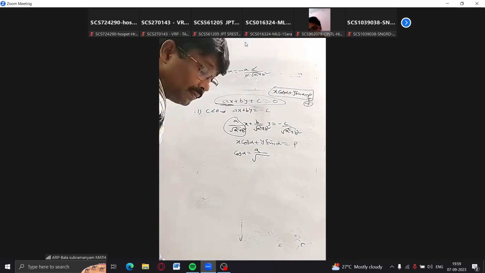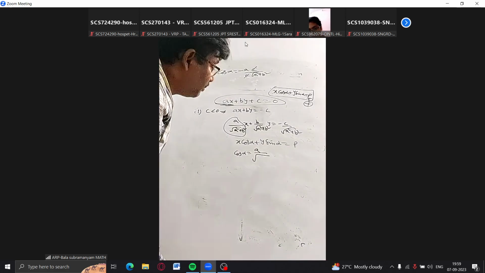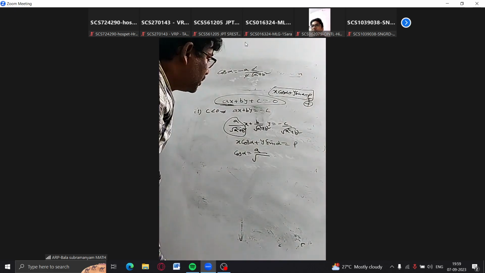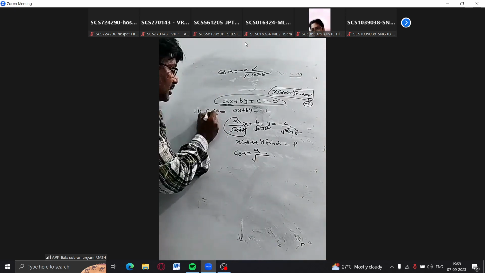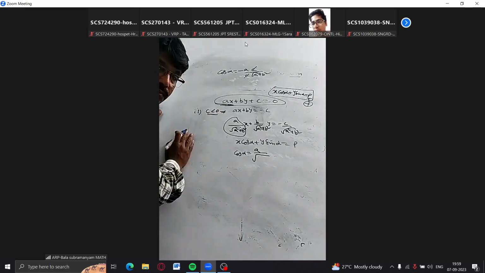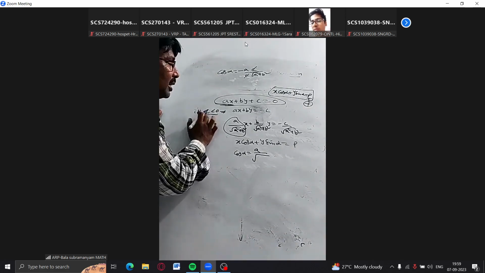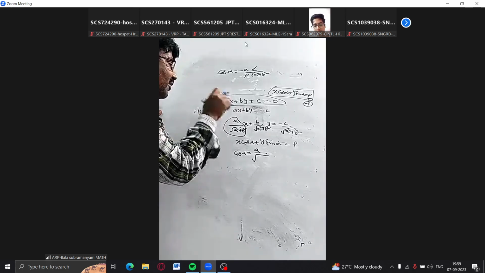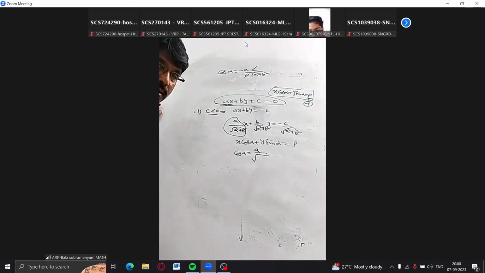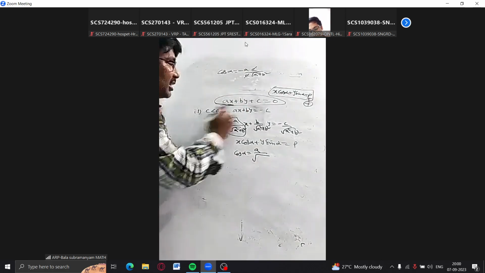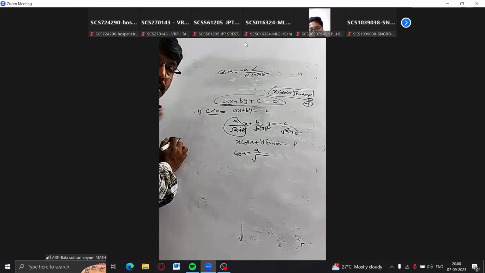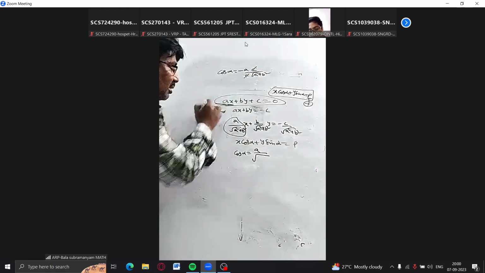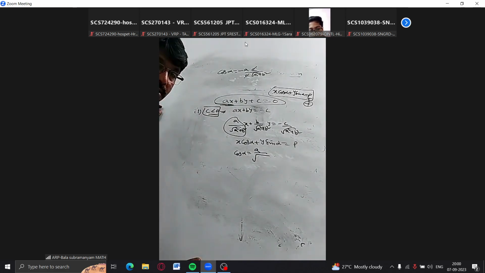Here ax plus by equal to c, no? Here the case is c less than 0. In the previous case plus c; in this case minus c, depending upon the constant.